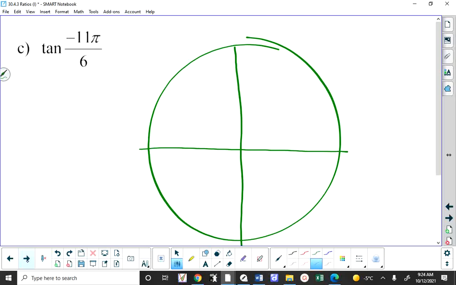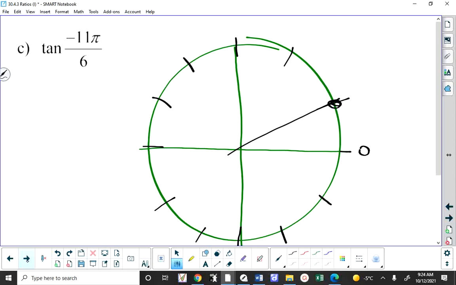So pi over 6s are little 30-degree chunks. This is 0. There's 1, 2, 3, 4, 5, 6, 7, 8, 9, 10, 11. How many of you knew that that was the location? Because you know that 12 pi over 6 is all the way around, so 11 pi over 6 is just one wedge away.